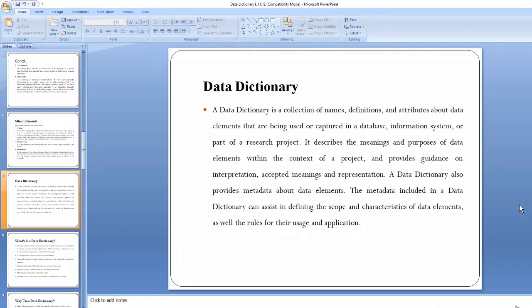A data dictionary also provides metadata about data elements. The metadata included in a data dictionary can assist in defining the scope and characteristics of data elements, as well as the rules for their usage and application.